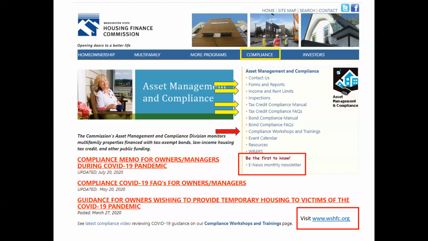And you can also find some guidance about if you wanted to provide temporary housing to either victims of COVID, or that's been expanded to include essential workers as well. And then the other area with the red arrow there is our compliance workshop and trainings.